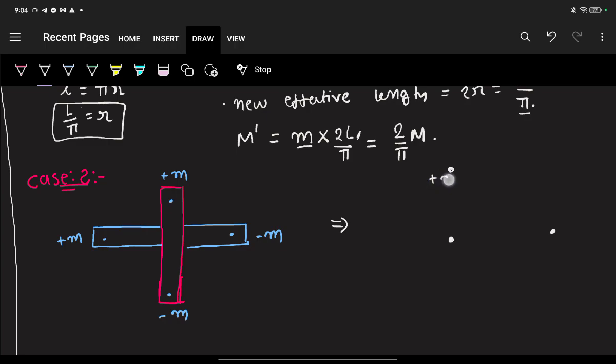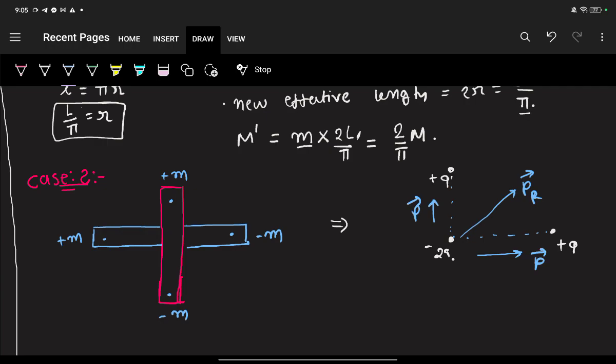Plus q, minus 2q, and we needed to find out the resultant dipole moment. Here P is in this direction, here P is in this direction, so the resultant would be in this direction. This will be the resultant electric dipole moment.